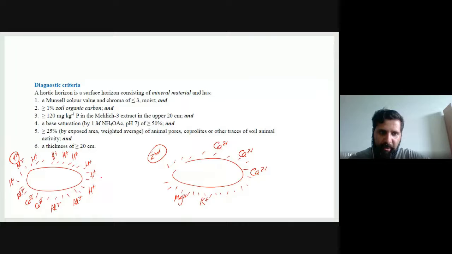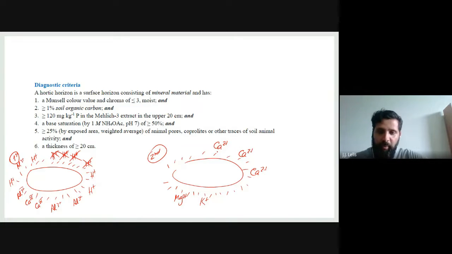So with human activity, when we add limestone and increase the pH, we are just trying to remove these hydrogens from the surface of clays and absorb some nutrients on the surface of these clays.